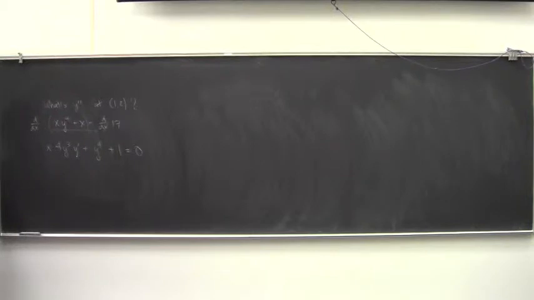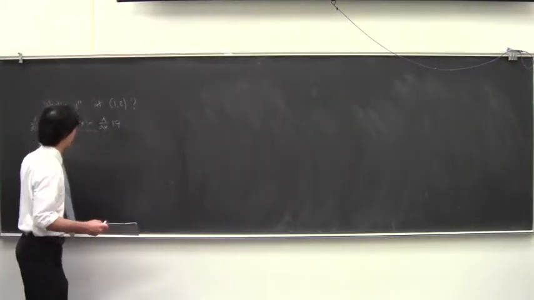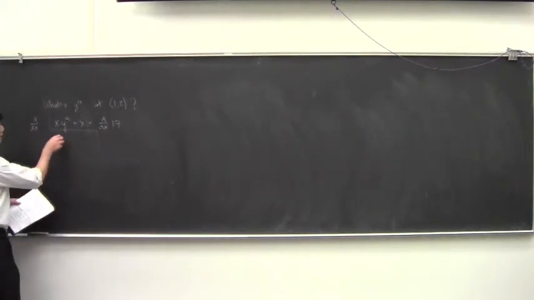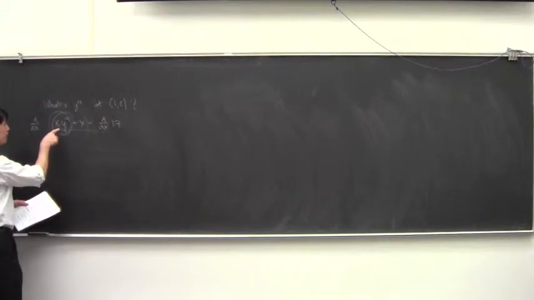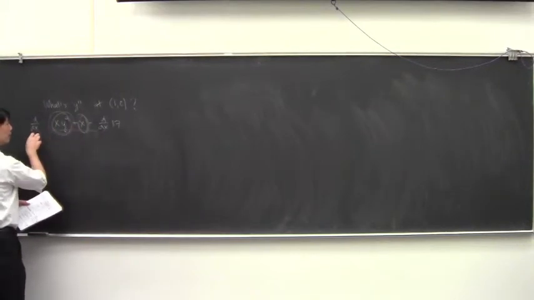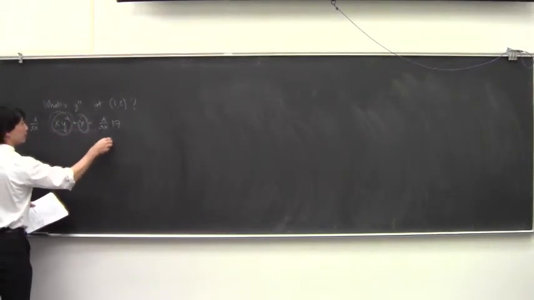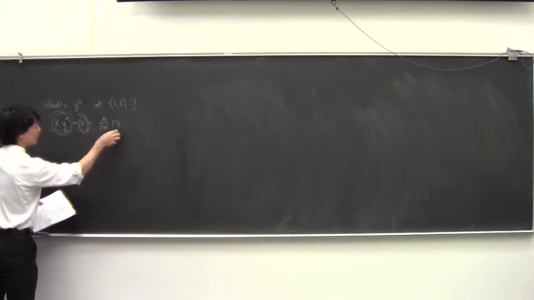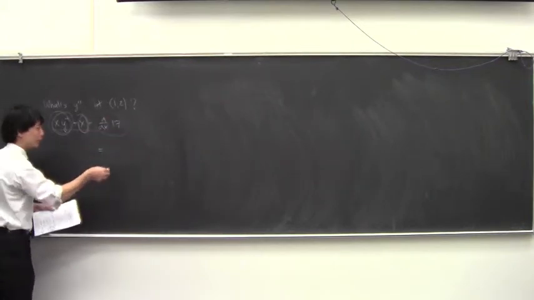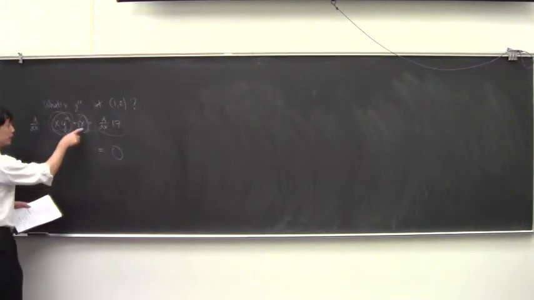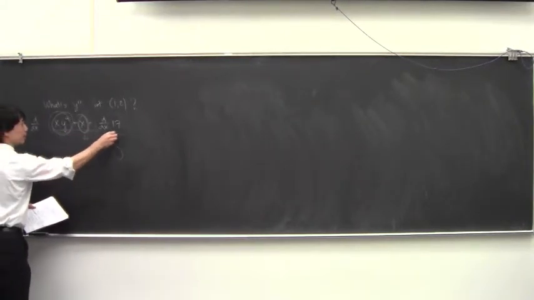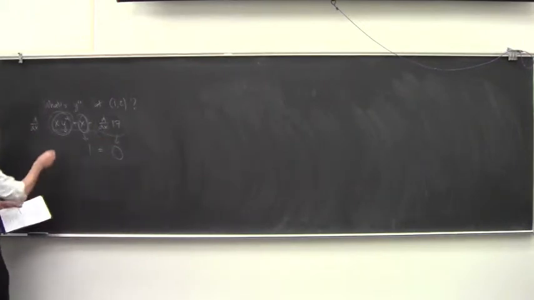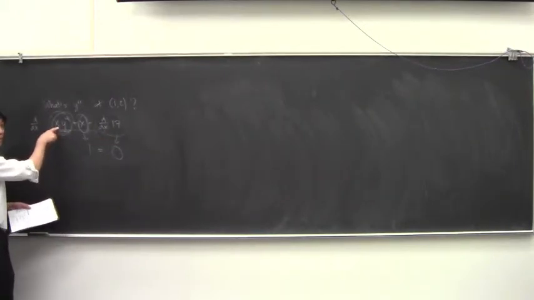Why is there a plus 1 in the case? So we'll differentiate this term first, and we'll differentiate this term. Let's do the easy parts first. Differentiating 17 just gives you 0. Differentiating the x gives you a 1. Okay, and then the only thing left is this one. Differentiate this.